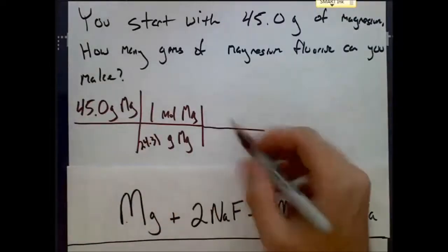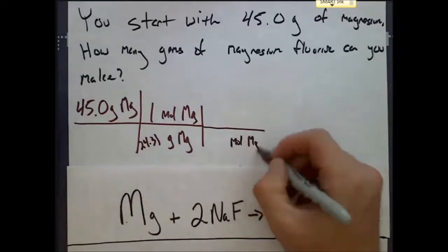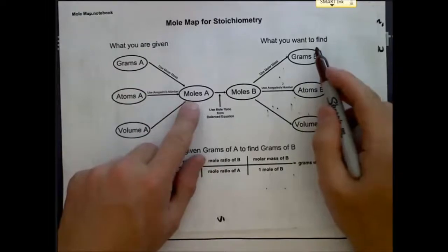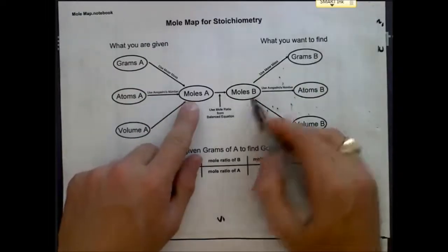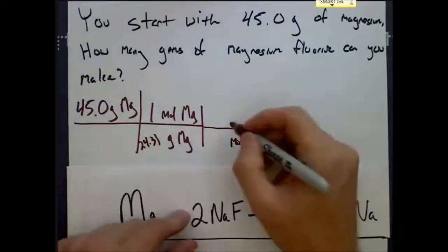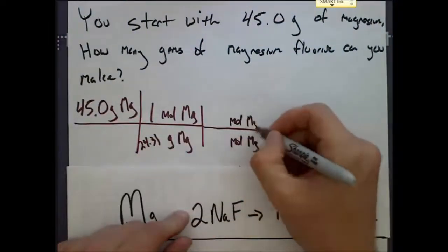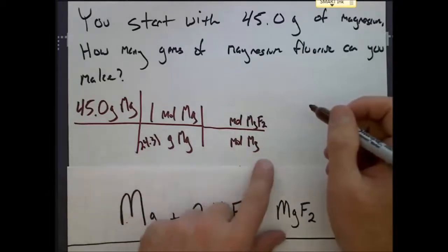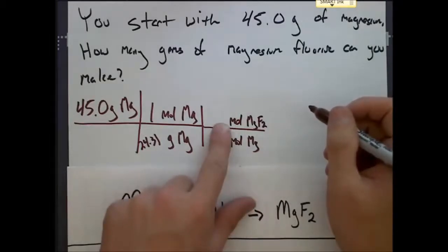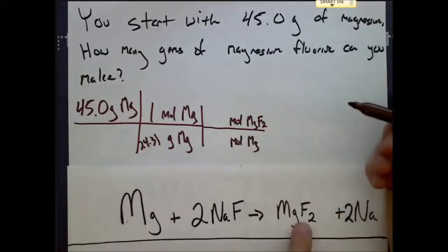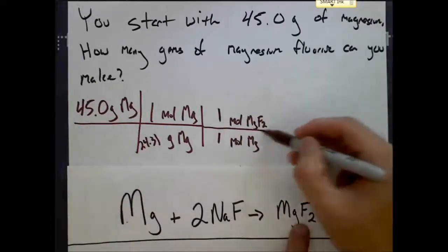So, moles of magnesium automatically comes down. The mole map says we're here. We need to get to here. Next step needs to go moles of whatever the compound is that we want, which is magnesium fluoride. Notice we've changed the substance, but our units stay moles, all right? So that is good. Moles of magnesium fluoride, 1 and 1.